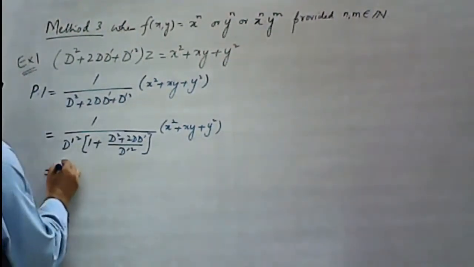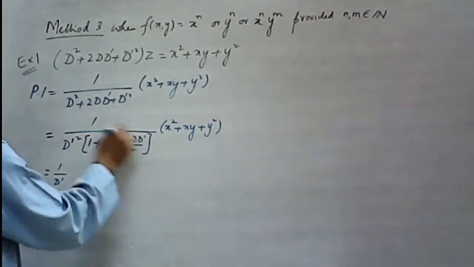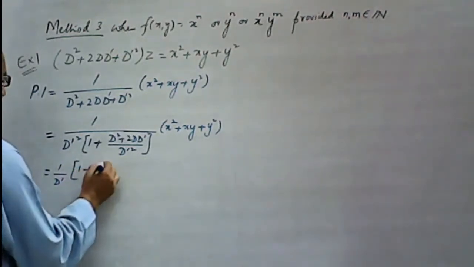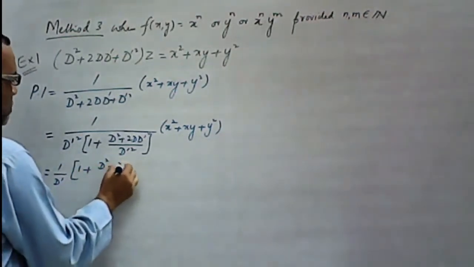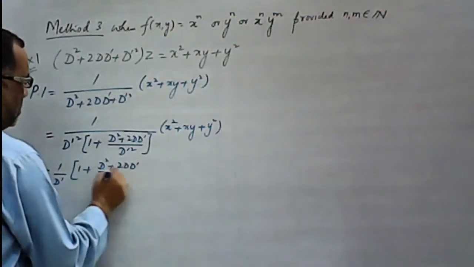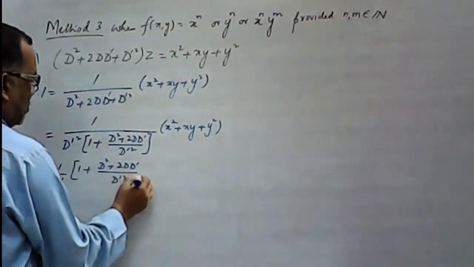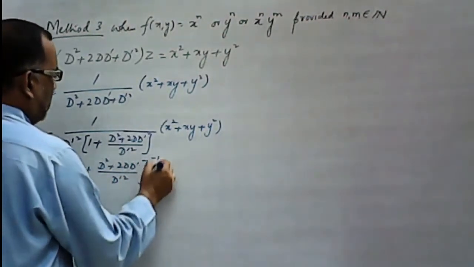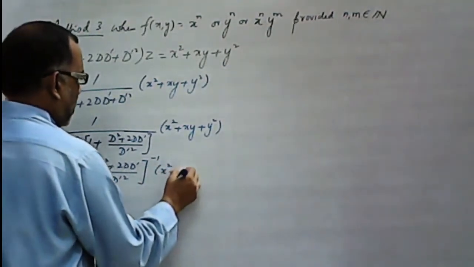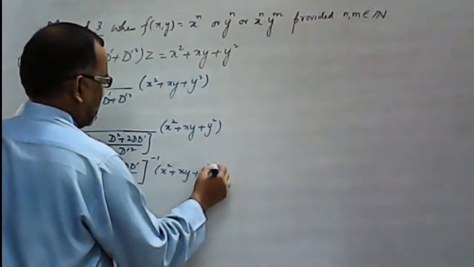Now, moving this term to the numerator, we have 1 plus D square plus 2DD dash upon D dash square, whole power minus 1, on x square plus xy plus y square.